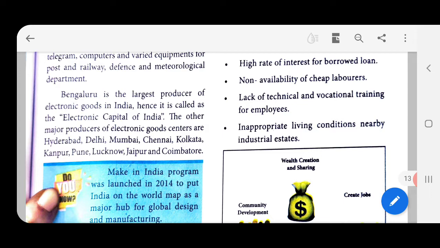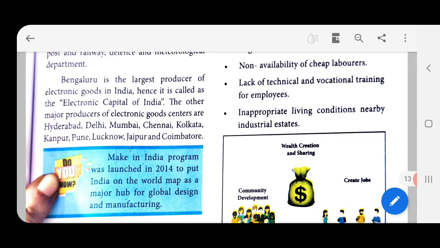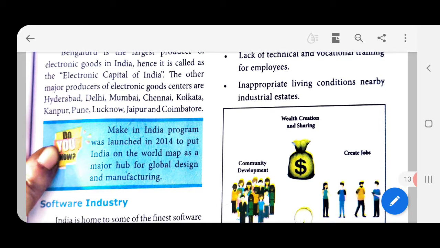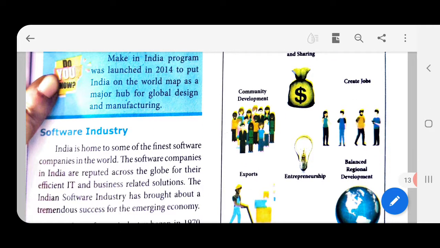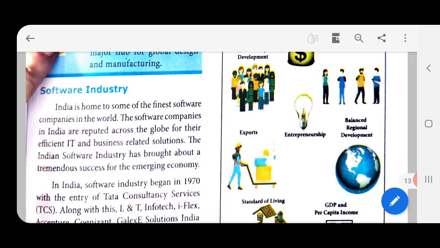Bengaluru is the largest producer of electronic goods in India, hence it is called the electronic capital of India. We all know that Bengaluru is the electronic city. The other major producers of electronic goods are Hyderabad, Delhi, Mumbai, Chennai, Kolkata, Kanpur, Pune, Lucknow, Jaipur and Coimbatore. These are electronic industries.